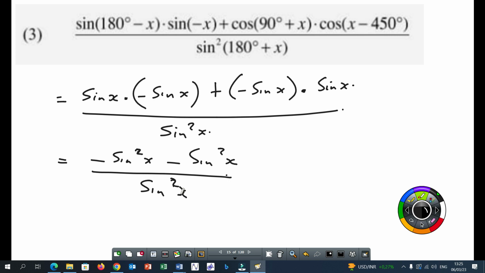Your knowledge of algebra has to come in. So this is like minus x squared minus x squared. You get minus what? 2x. So this will be minus 2 sine squared x over sine squared x. Then these two will cancel out. Your final answer will be a negative 2.